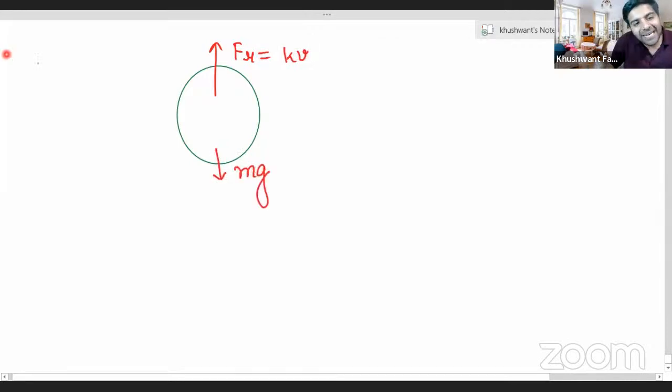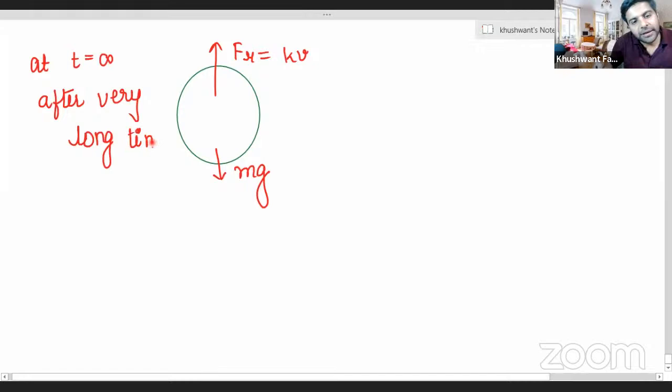So at t is equal to infinity, which is also called after very long time, you will see that this velocity will become constant. V will become equal to mg by k, as we just saw, and apart from this, we will also see that A is equal to dv by dt, and this will become equal to 0.